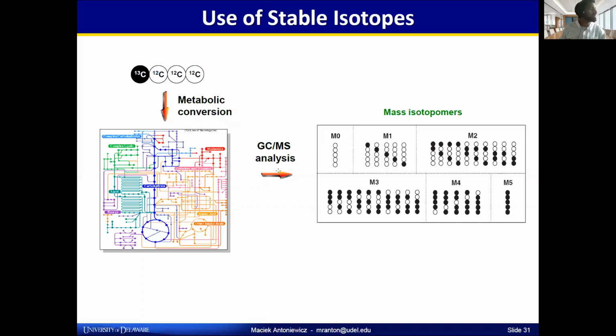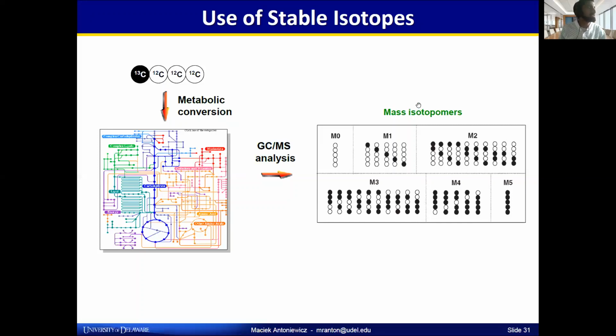And then, depending on what your metabolites are, particularly for GC analysis, you may do some kind of derivatization step to make it go through the column more appropriately. And I think there's a slide on that later.